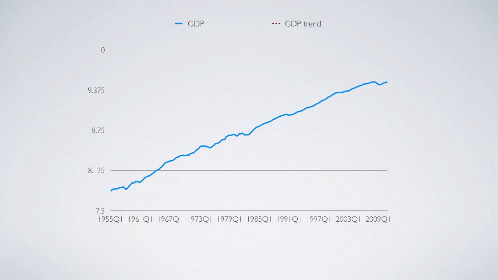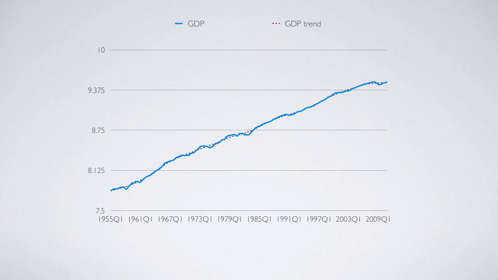Given this GDP data, we can find that there seems to be a trend for this time series to go up over a long time. The trend line, we can estimate it, would be like this red line.